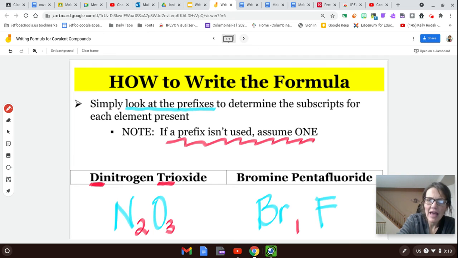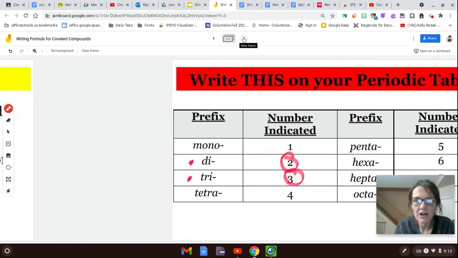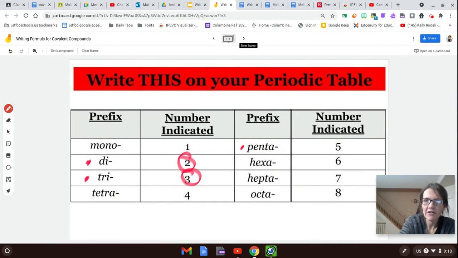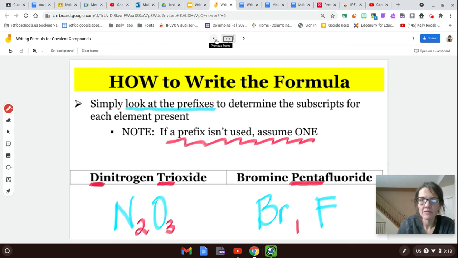Then we have pentafluoride. Do you know what the prefix penta stands for? If not, let's go back and look at our chart. Penta stands for 5. So we go back to our 5. And there we go. We're done.